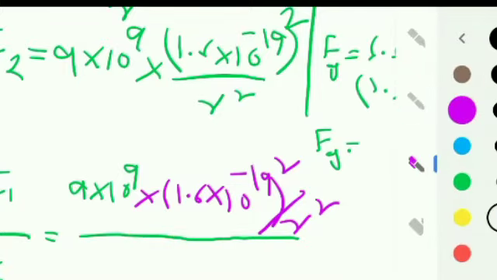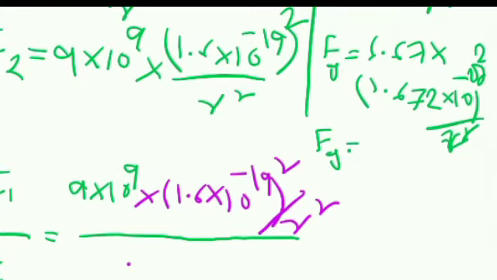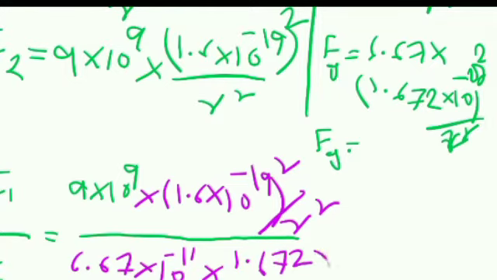Then F2 is equal to 6.67 into 10 to the power of minus 11 into (1.672 into 10 to the power of minus 27) whole square by R square.